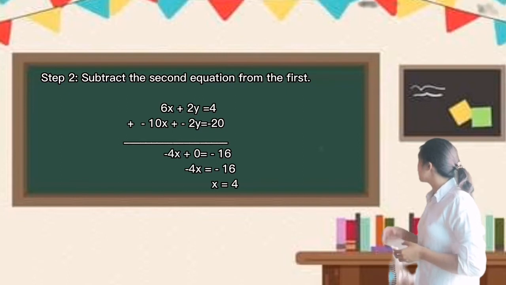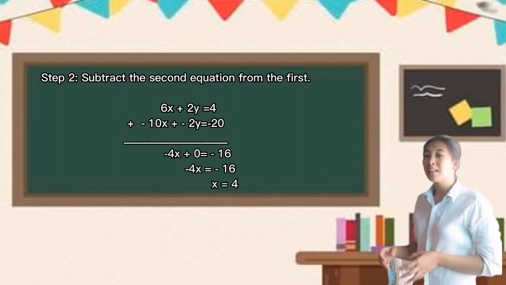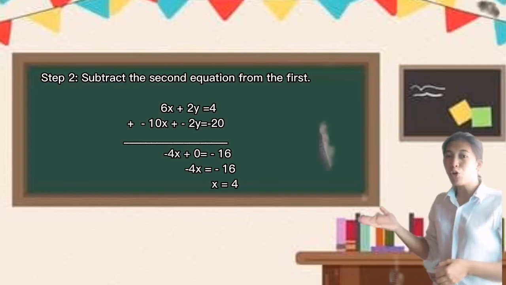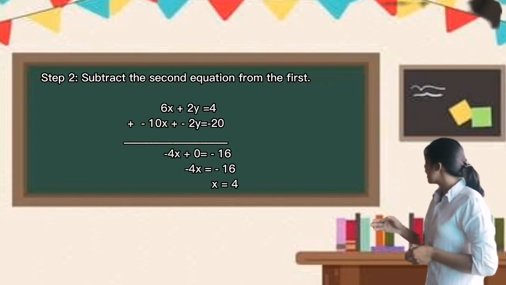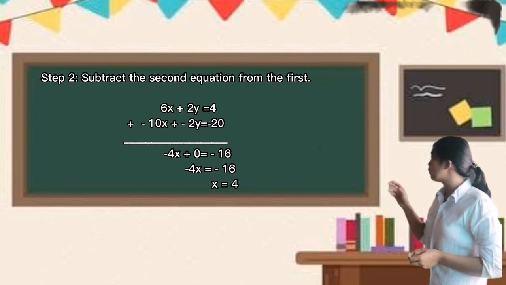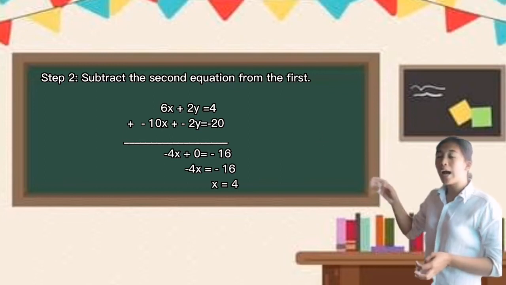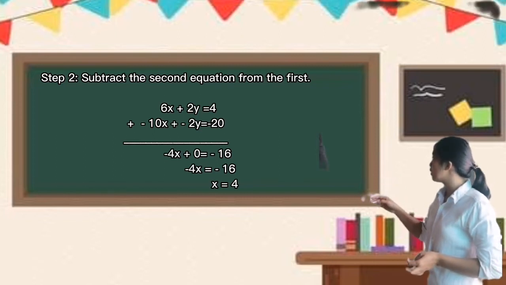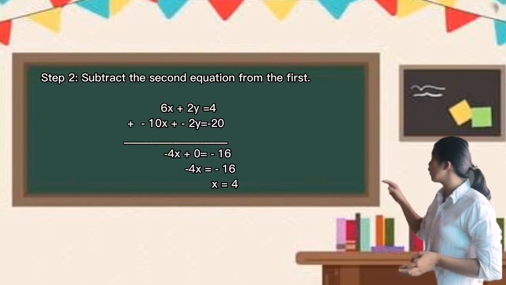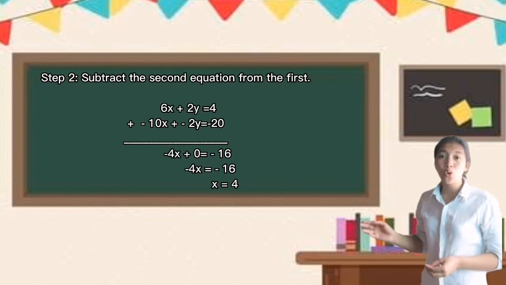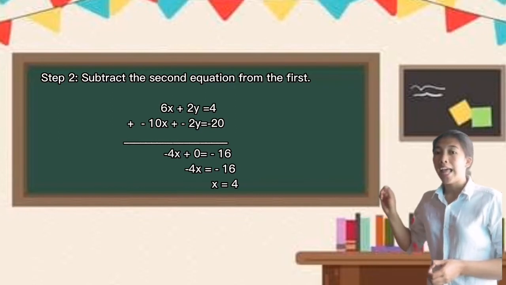So we have here 6x plus 2y is equal to 4, and we need to add 10x plus negative 2y is equal to negative 20. So 6 plus negative 10 is equal to negative 4x.